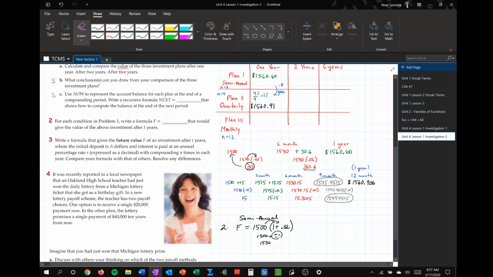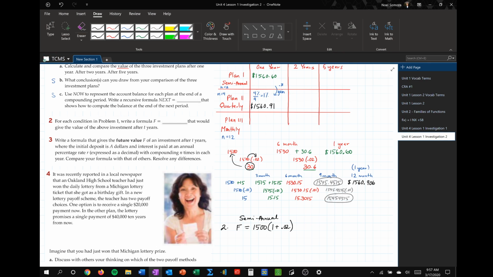Now, I'm not done here, because this only works one time around. How many times did we have to multiply by the 0.02? Essentially, we had to do it twice.